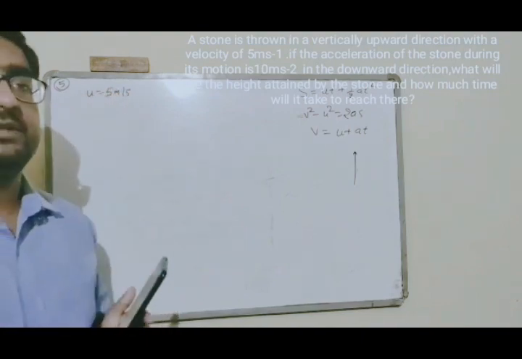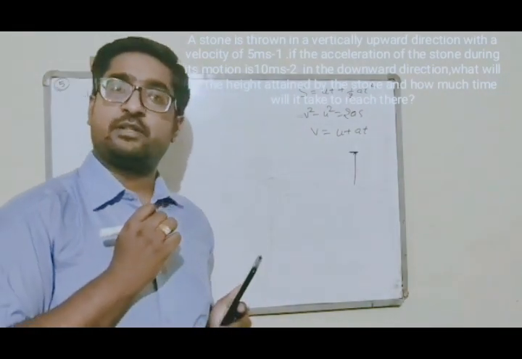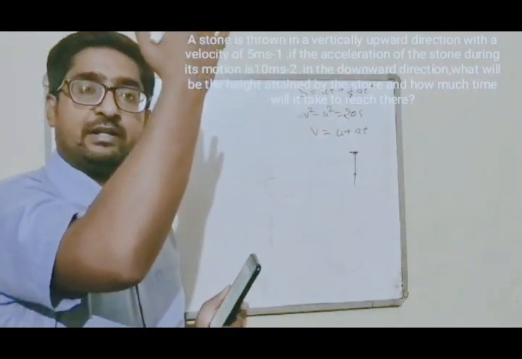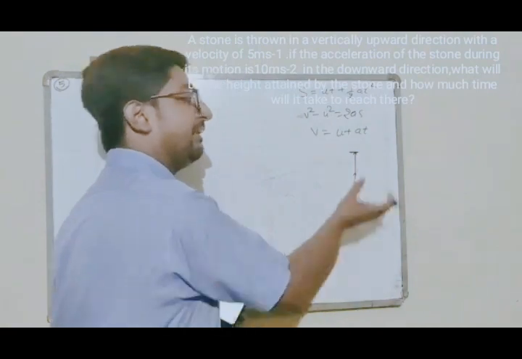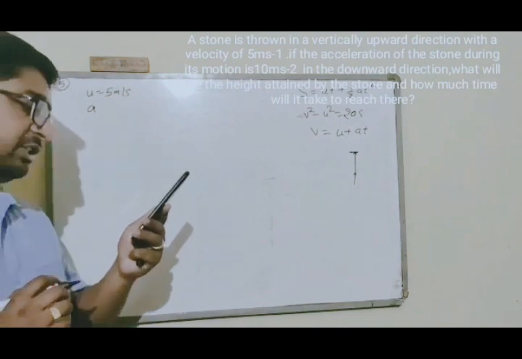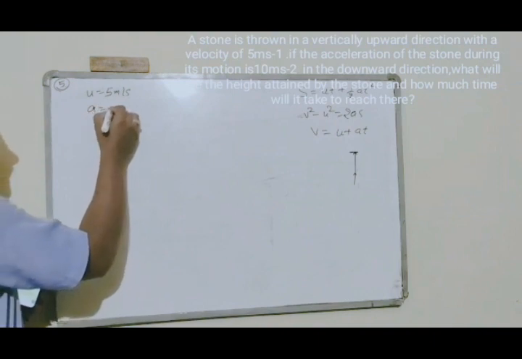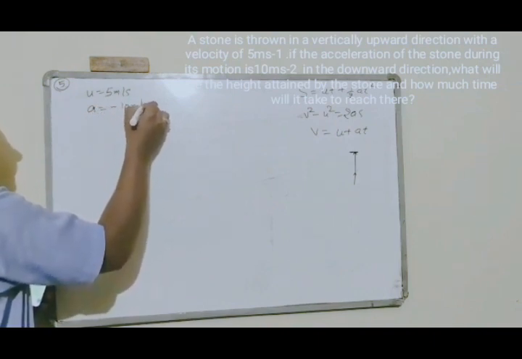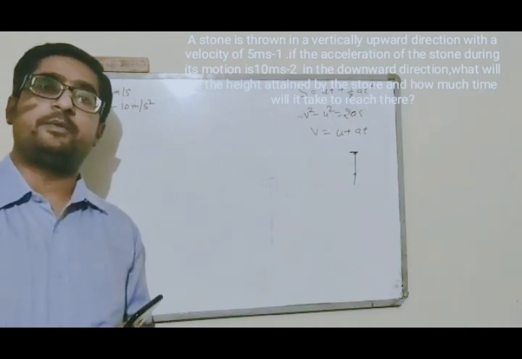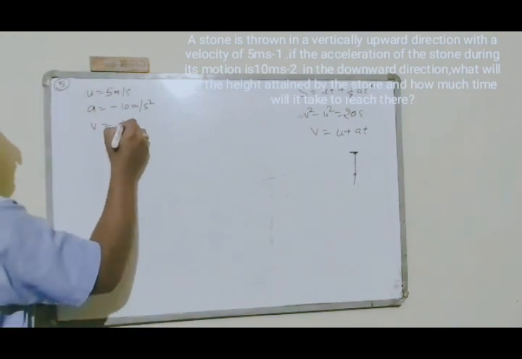And listen, when an object is thrown vertically upward, at the highest point the object will stop, and its speed will decrease continuously. So the acceleration of the stone during its motion is 10 meter per second square, taken with a minus sign, minus 10 meter per second square. Finally the object will come to rest, so the final velocity will become 0.